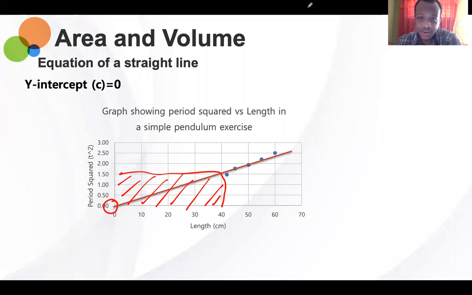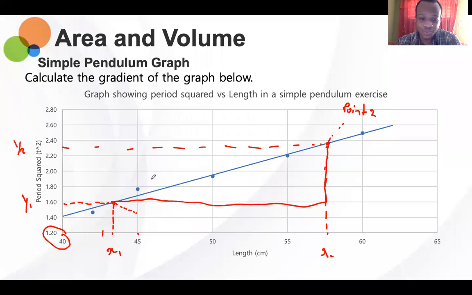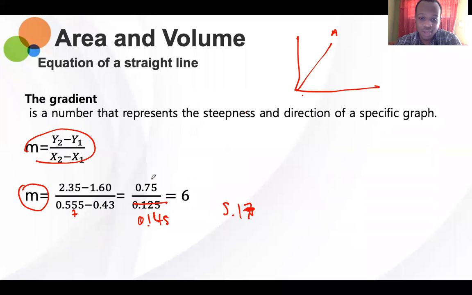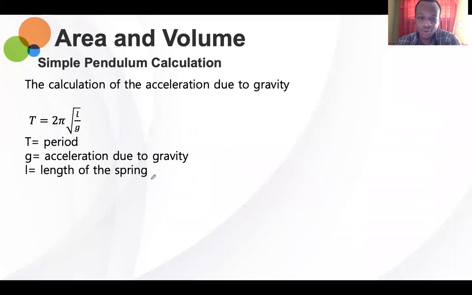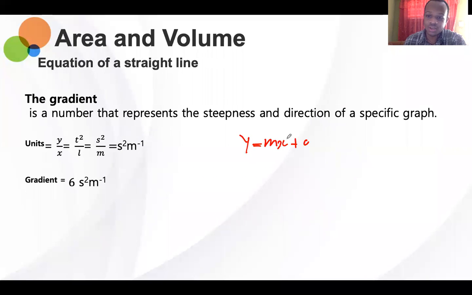Anybody want to give it a try? Zero. Right, 0. Thank you so much. So our y-intercept would be 0, and our formula states y equal mx plus c, and c is equal to 0. So therefore, y equal mx.